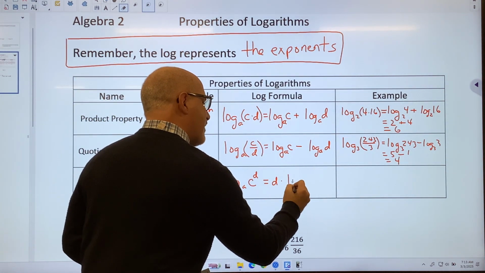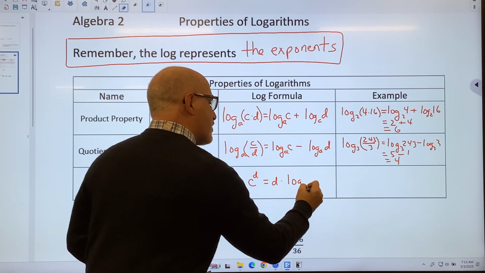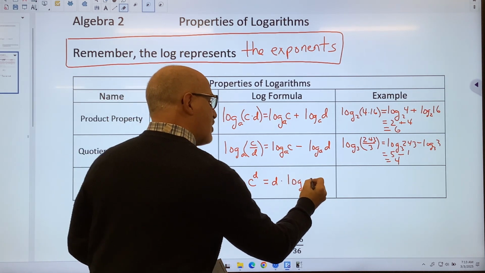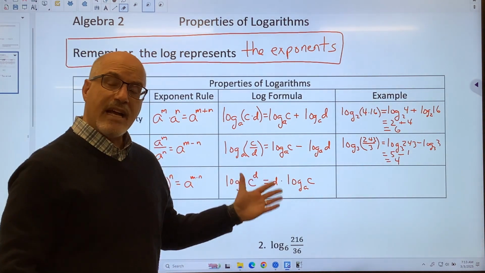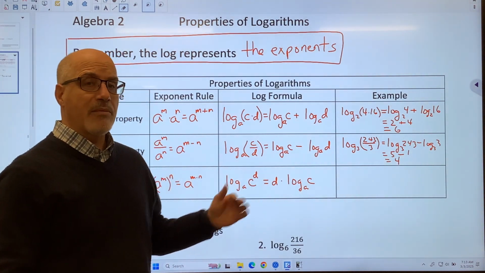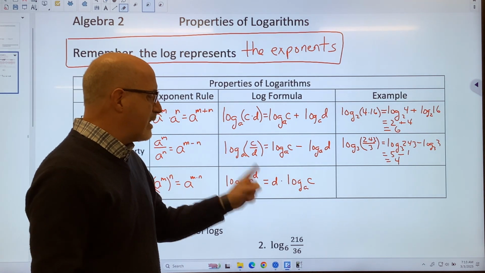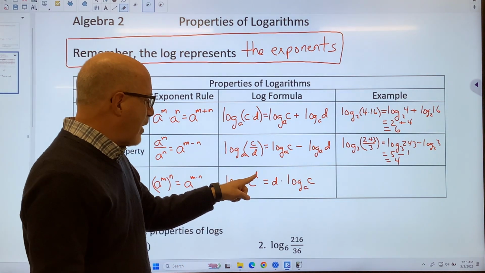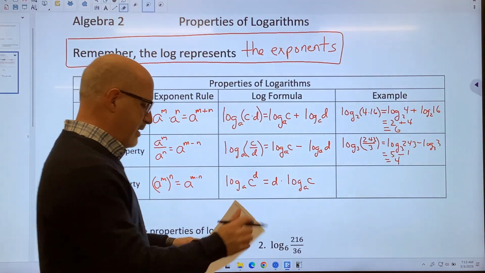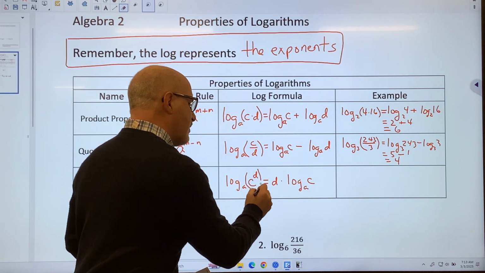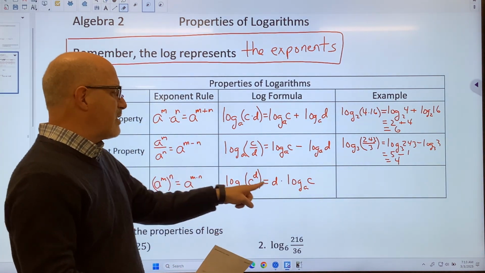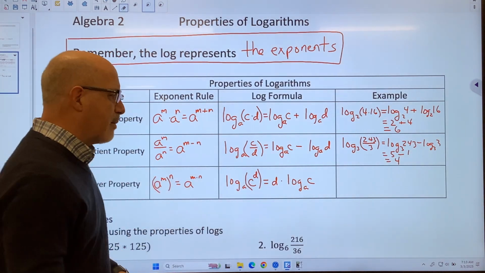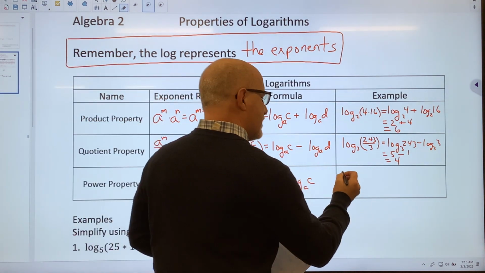This is going to become very handy when solving certain exponential and log problems, because we will be able to use this property to solve exponential problems that we haven't been able to solve before. When you have an exponent on the inside of this, I'm going to put this in parentheses even though it's not necessarily needed, but that d comes out in front and we have d times the log base a of c.